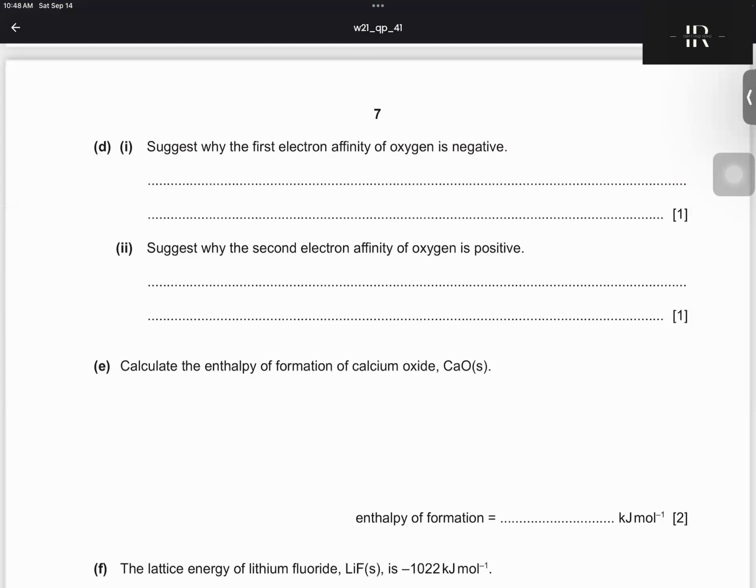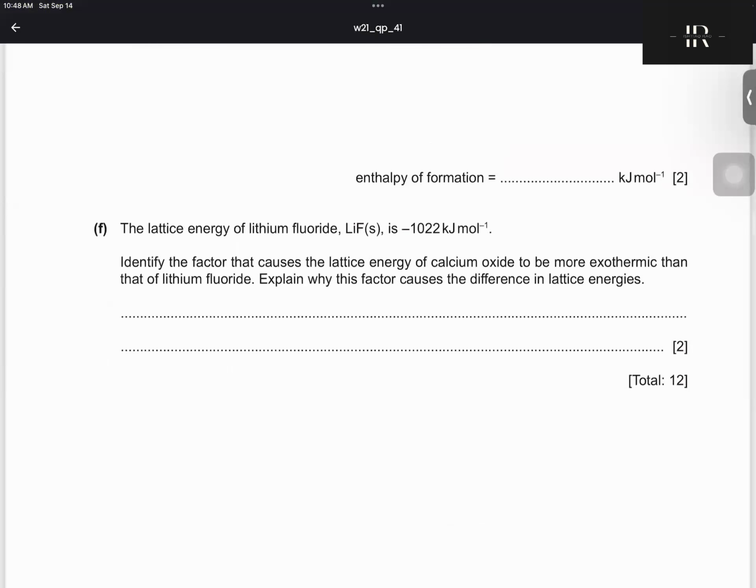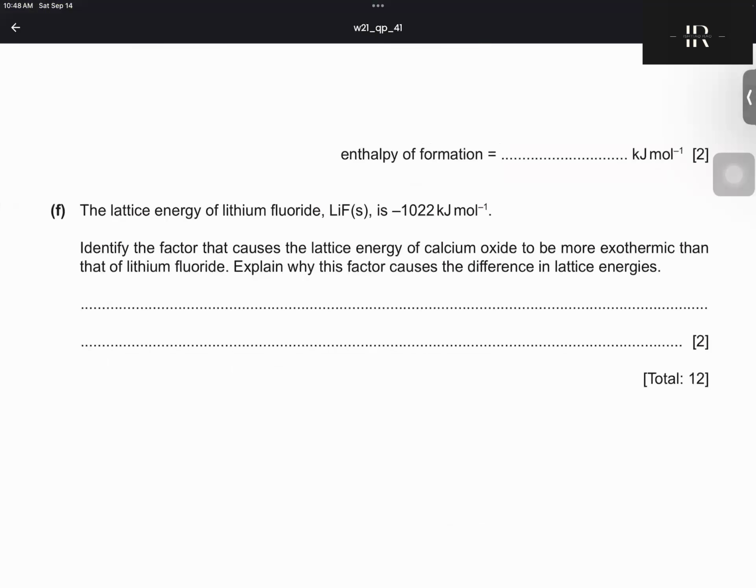So now they are asking about the formation of calcium oxide. Can you tell me this now, Tala?